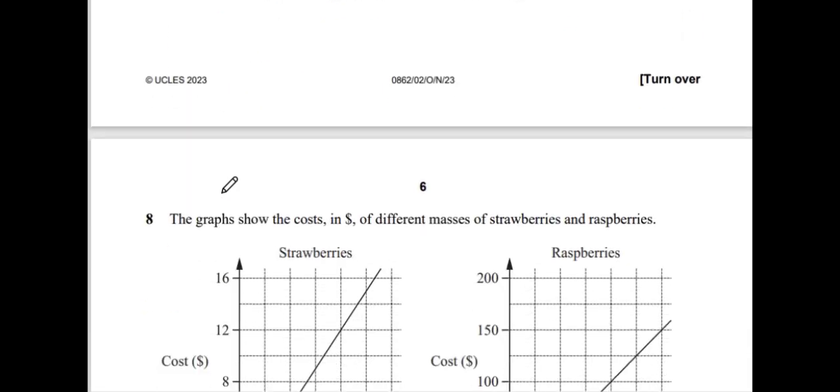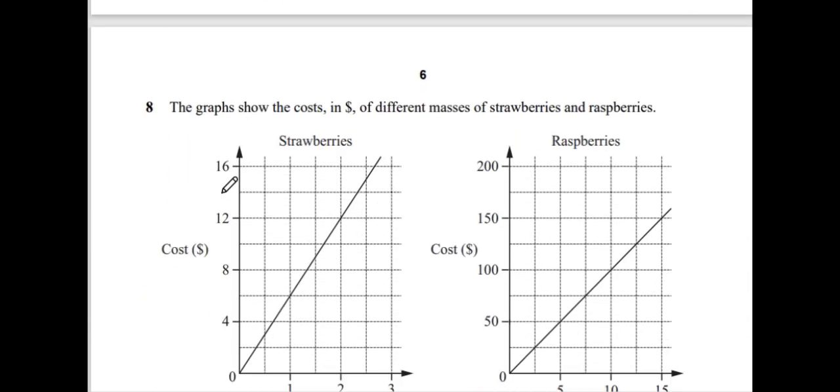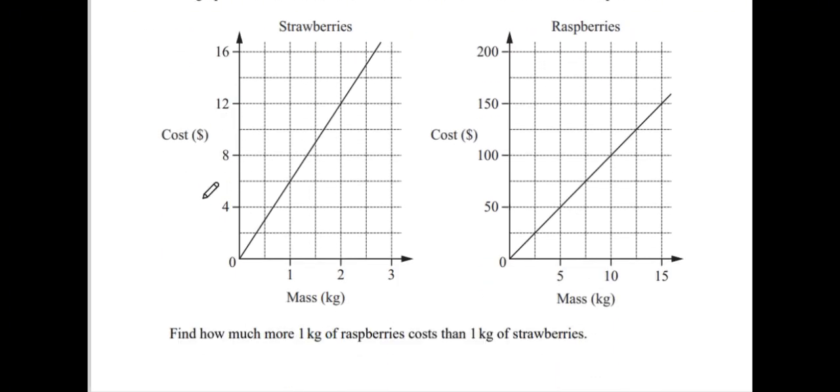All right, so moving to the next one, they say that the graph shows the cost in dollars of different masses of strawberries and raspberries. For the strawberries, we can see the graph. For the raspberries, you can see the graph.